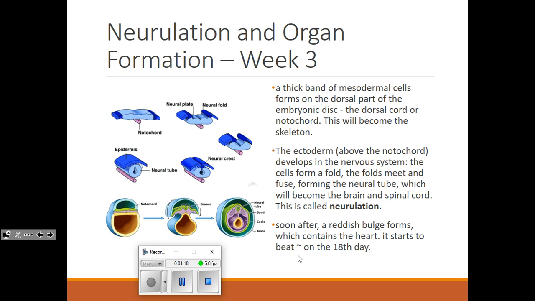Now, much like with gastrulation, I put a picture here, not because you have to be able to recreate it or redraw it, but I just wanted you to see what I'm talking about. During this process, we start off with the gastrula. That's this little guy down here. We have 3 layers of cells, because that's what happened during gastrulation.